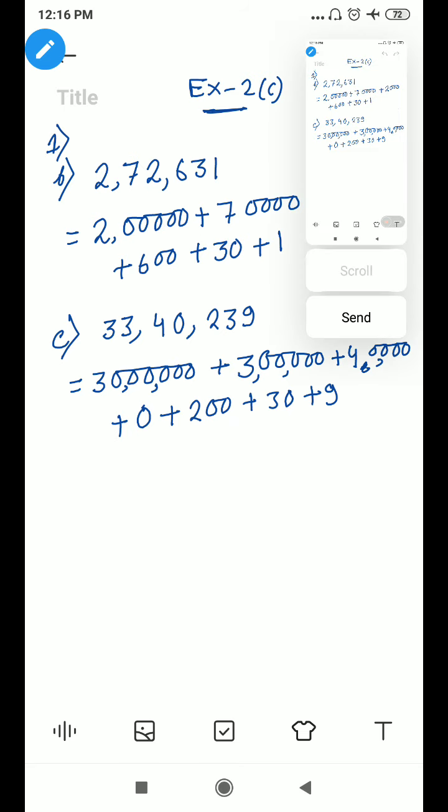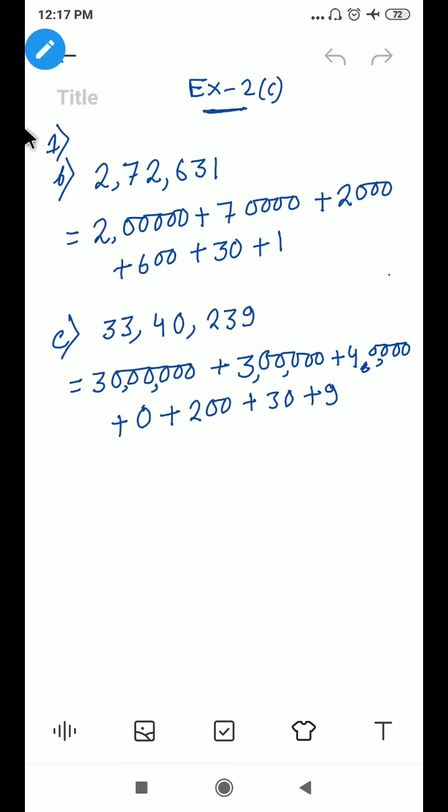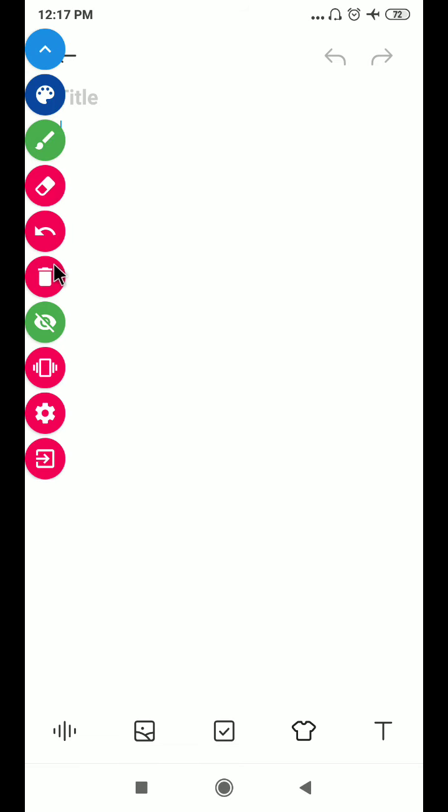Now go to our next type of problems. Question number 2. Here it is asking you to write the numbers in short form. That means you have to do the reverse process of the previous one.